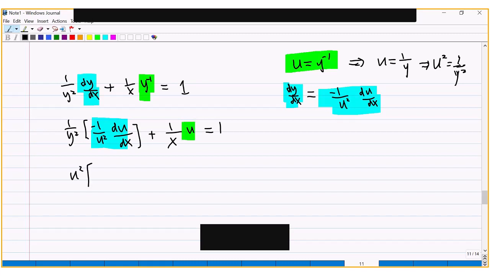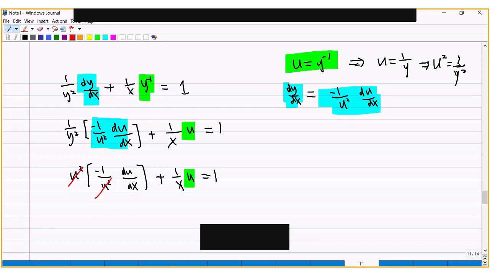So u squared times minus 1 over u squared du/dx plus 1 over x times u equal to 1. So I have u here, and the rest cancel away.